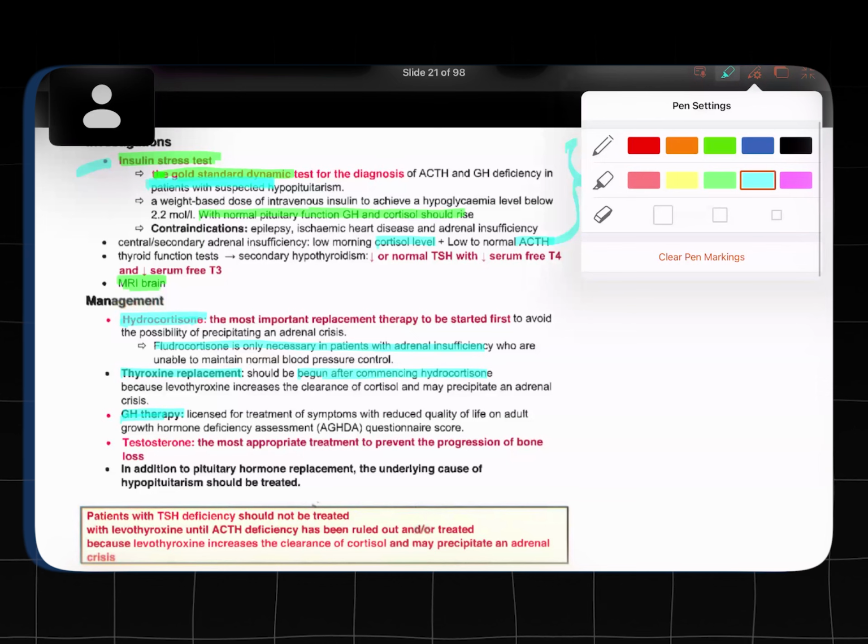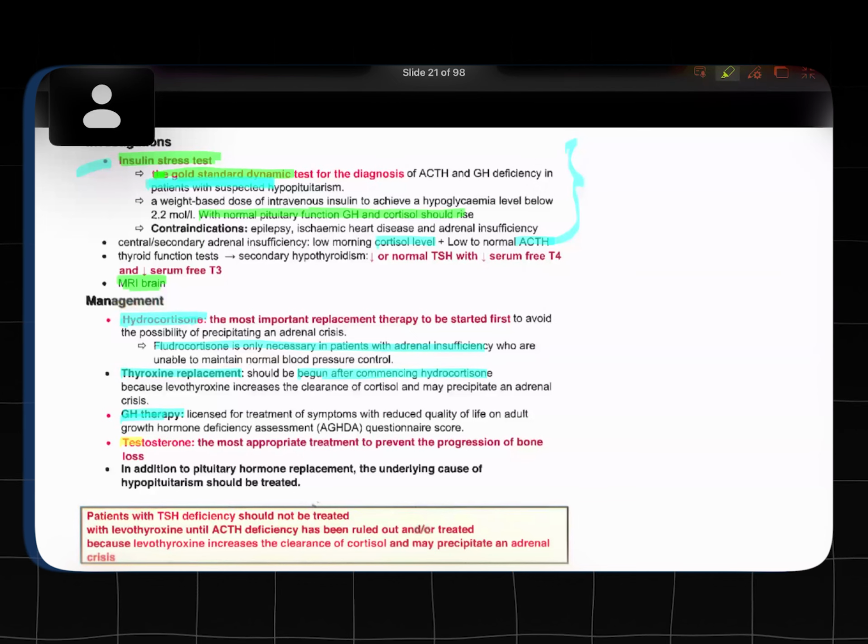This is again a separate question: the most appropriate treatment to prevent the progression of bone loss is testosterone. Even if it is an elderly patient who you think does not need that much testosterone, testosterone is very important to prevent osteoporosis. So we have to replace testosterone also, but not as the first line drug. Along with hydrocortisone and thyroxine, you can give testosterone.